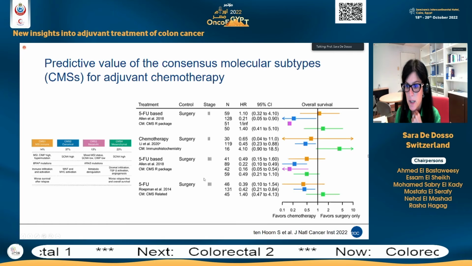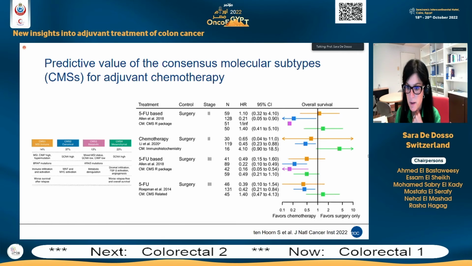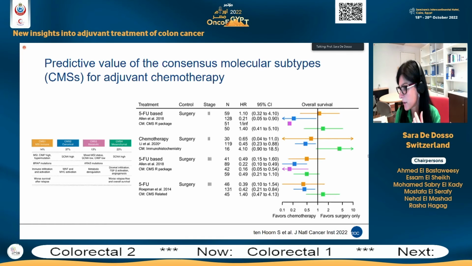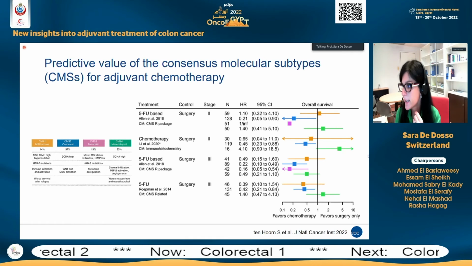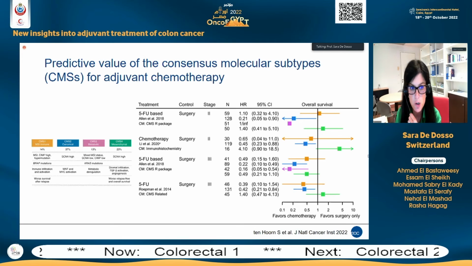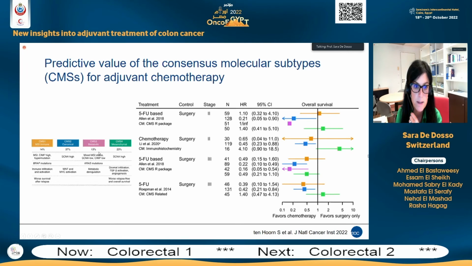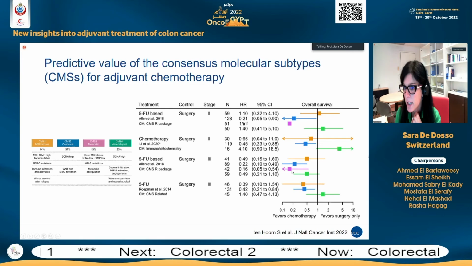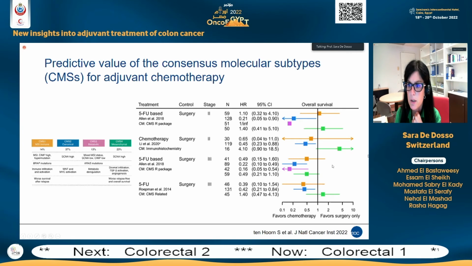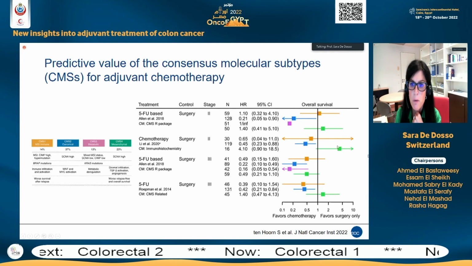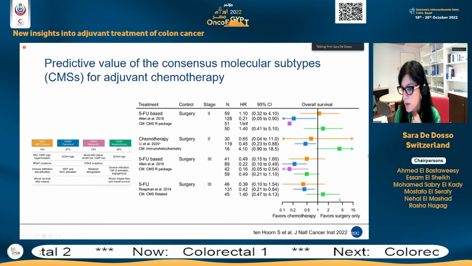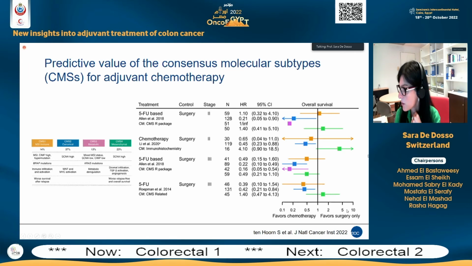You can see that in this retrospective analysis, adjuvant chemotherapy in stage 2 and 3 colorectal cancer seems to be most beneficial in CMS2 and CMS3, the blue and violet groups. On the other hand, it seems to be not effective in the CMS4 group in green, where the curve is in favor of surgery alone.